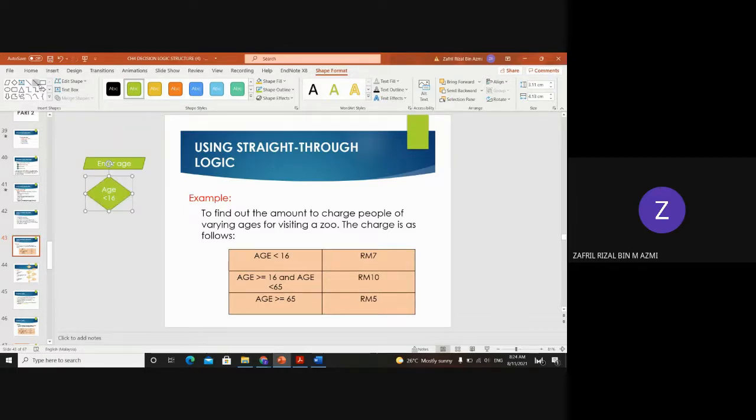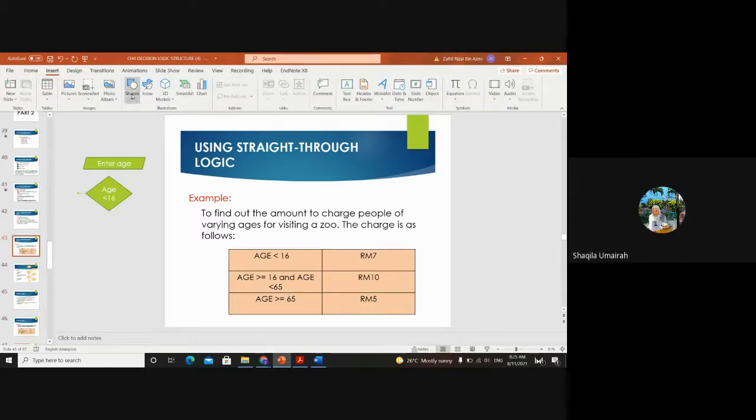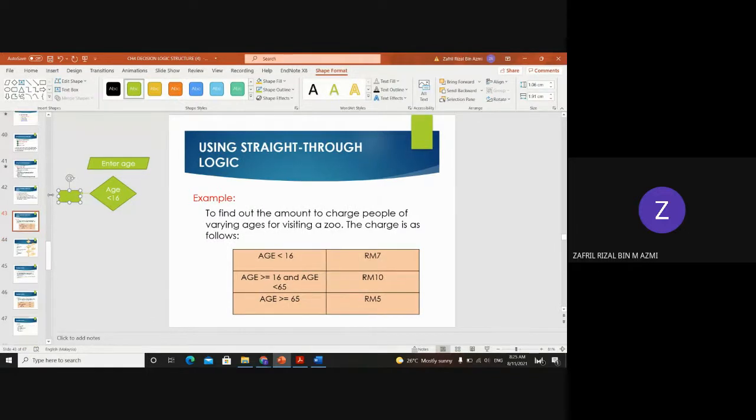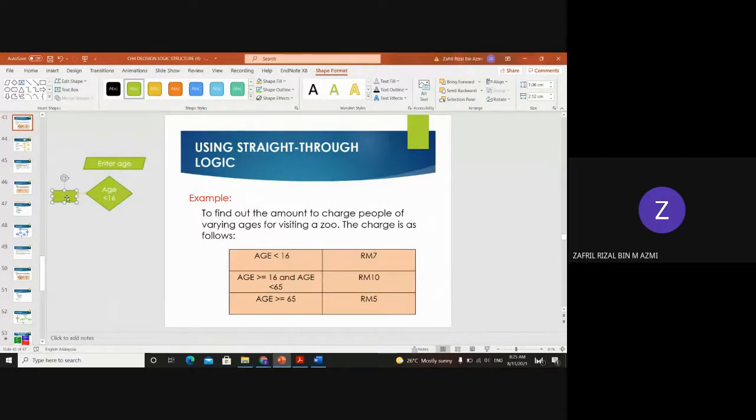So if this is true, what will happen? Charge equal to 7. Good. It is good if you put it like this. Don't straight away print. It's not very good. If you straight away print, you are not going to have this value stored anywhere in the system.